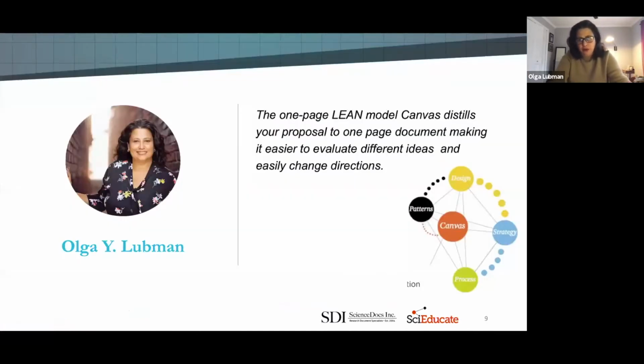After I introduce this one-page Lean Model Canvas, which essentially is a way to distill your proposal into its most essential parts, and which also allows you to evaluate different ideas and change directions, I will demonstrate how to use it and translate it into a specific aims page.